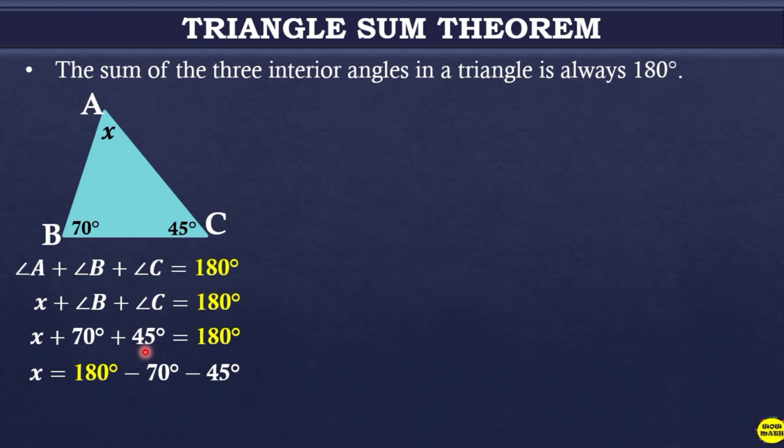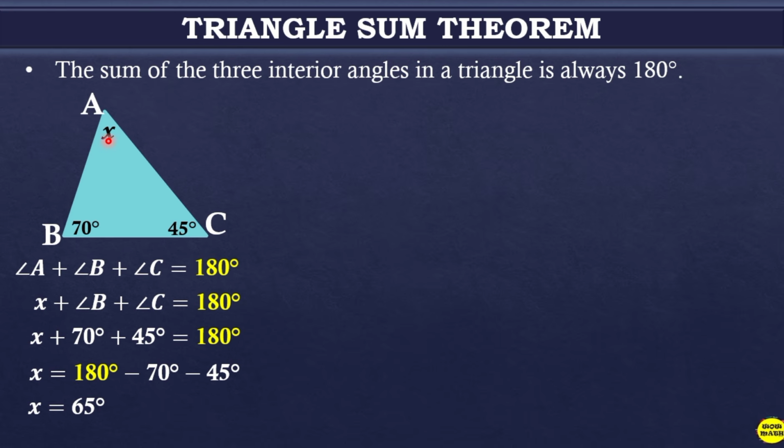So, we will have your angle B is 70 degrees and your angle C is 45 degrees. So, we will transpose. So, lipat natin ito, mag-minus 70. Ito, mag-minus 45. Or simply, yung 180, kasi ang kabuuan nito is 180, right? So, yung 180, i-minus mo yung 70, i-minus mo yung 45. Yung matitira, yun. Okay? So, ang kinalabasan, your x is equal to 65 degrees.